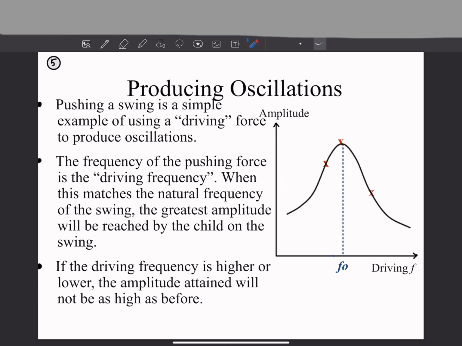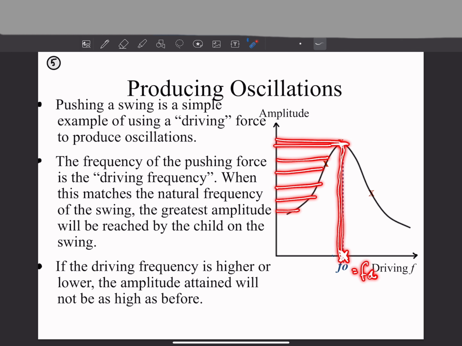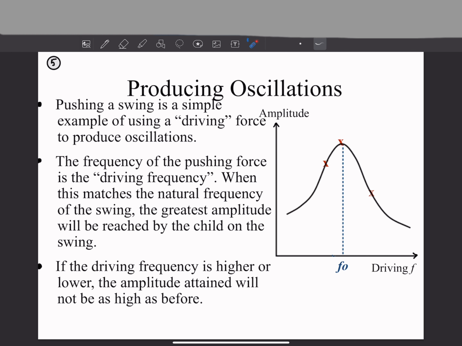When you increase the driving frequency, the amplitude of the swing increases, and when the natural frequency is equal to the driving frequency, you see the maximum amplitude. So the swing is vibrating with the maximum amplitude, and we say the swing is resonating.